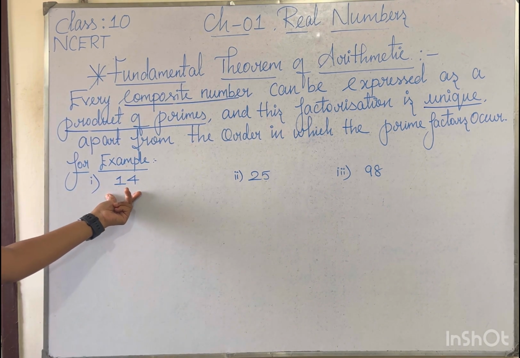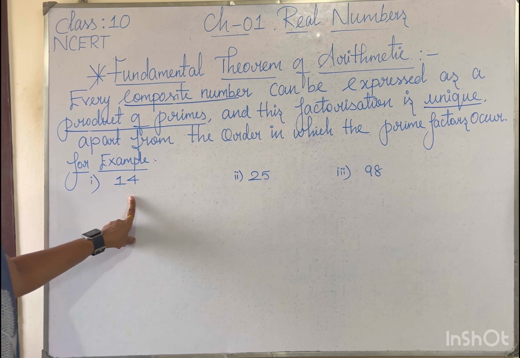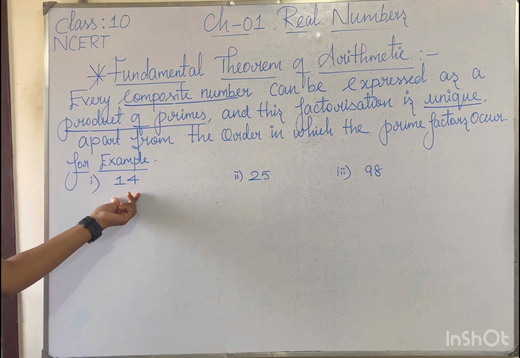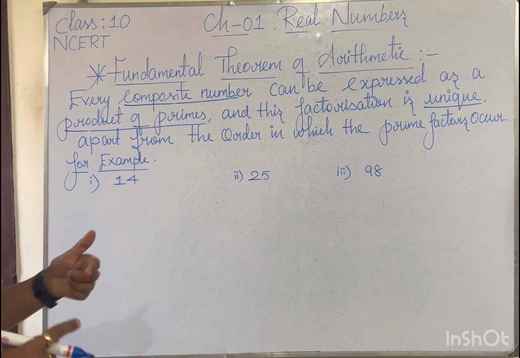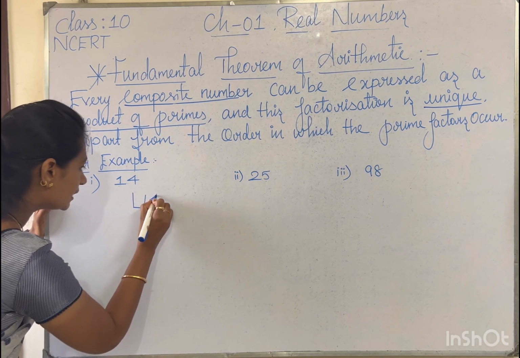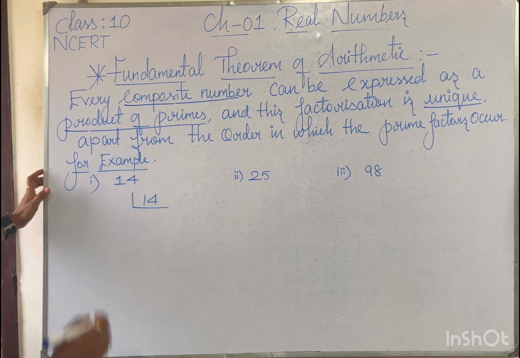For example, we have a composite number 14. Why? Because 14 has more than two factors. 14 is divisible by 1, 2, 7 and 14. So 14 is a composite number. We are going to express the composite number 14 as a product of prime numbers. So let me factorize 14. Since the given number is an even number, we'll start with the smallest prime number 2.